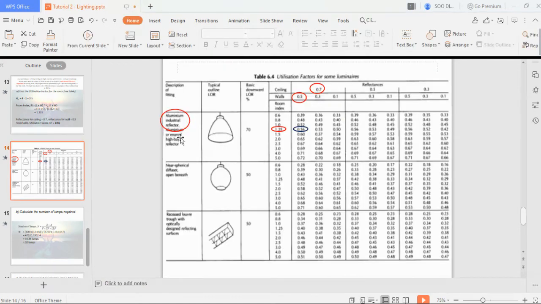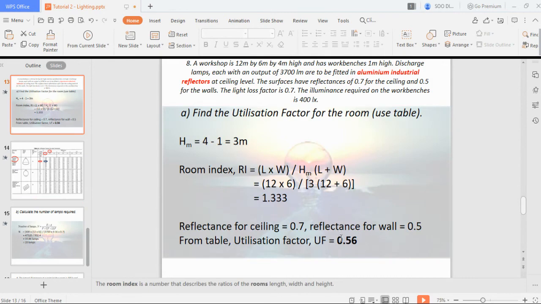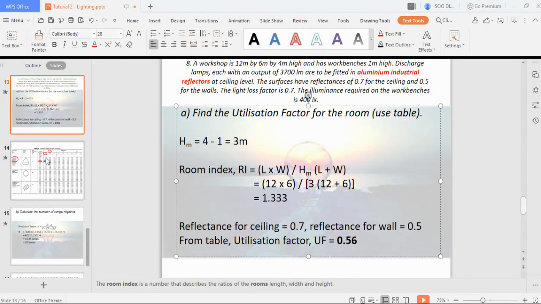So it's here: ceiling, wall, your fitting, and then your RI. It's about 1.33. Let's just say you take 1.25, so comparably you will get 0.56. So your UF is 0.56. This is how you get your utilization factor from the table with all the information you are given.